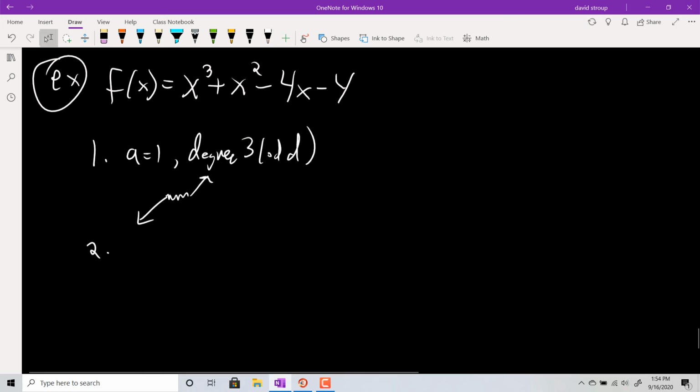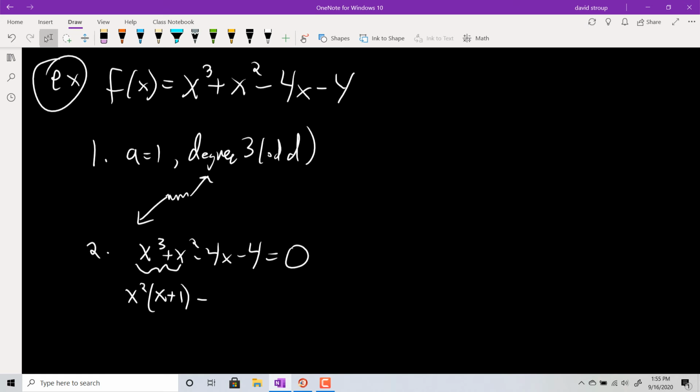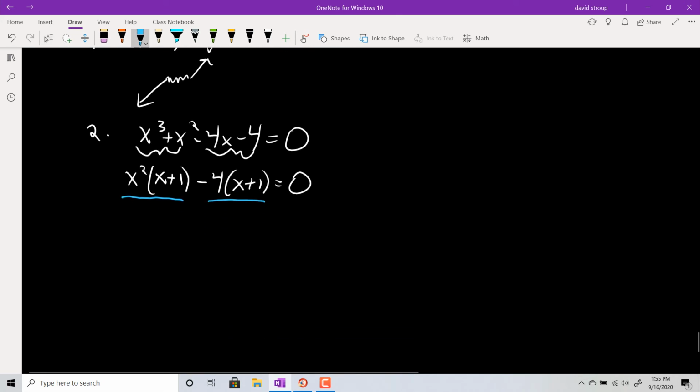Okay, find the x-intercepts. So you set that function equal to 0. And we can factor it by grouping here. If you group these two together and factor out an x squared, you'll have x plus 1. And then if you group these two, you can factor out a negative 4, and you get another x plus 1. Both of these terms have a factor of x plus 1.